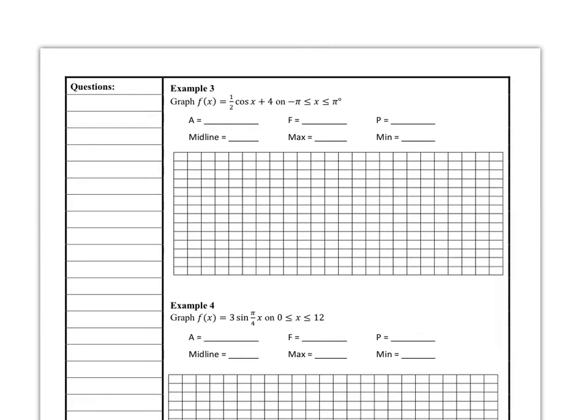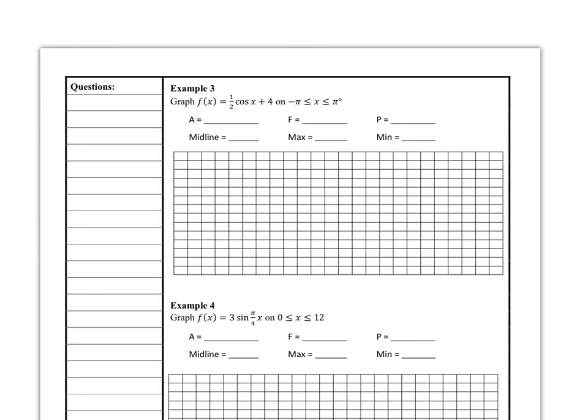So we've got 2 more. These ones are dealing with different domains. This one looks like it's in radians, and so we're still going to start with our starter graph. It does go from a negative to a positive, so I'm actually going to make my starter graph go like this, just like we did the -90 to +90. And now we've got to figure out what this cosine curve looks like.